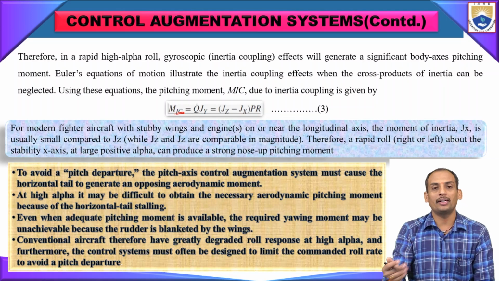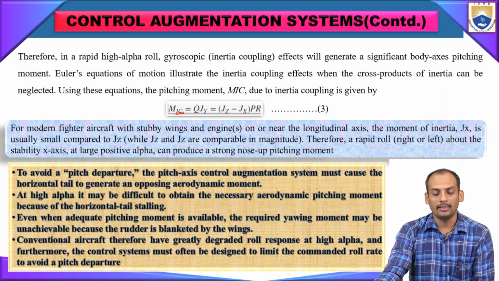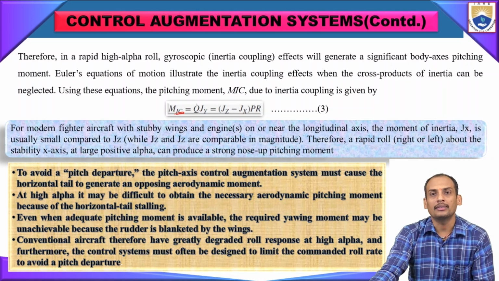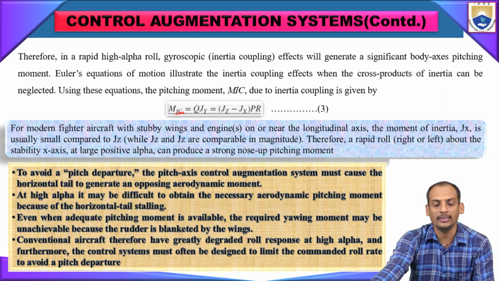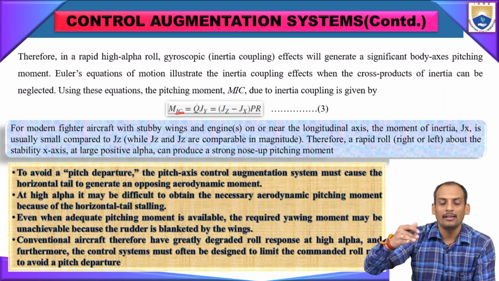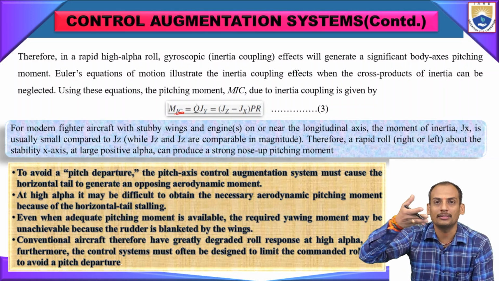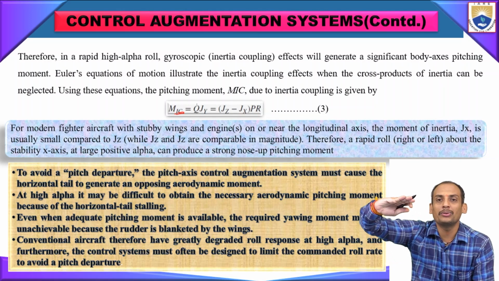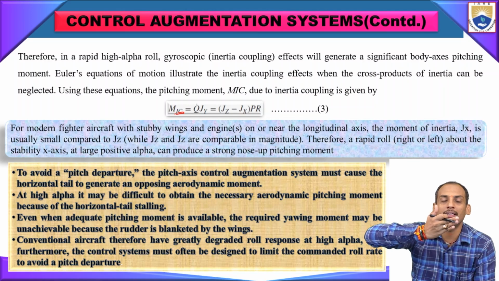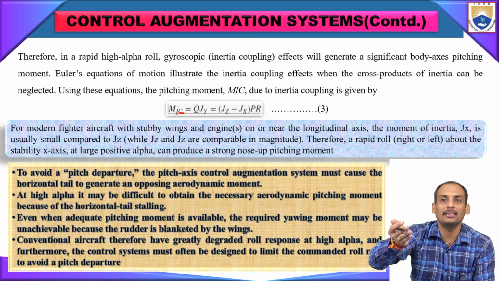At high alpha, it may be difficult to obtain the necessary aerodynamic pitching moment because of horizontal tail stalling. As I said previously, when we get higher alpha values, heavier forces act on the vertical tail, so it may be in a stalling region.